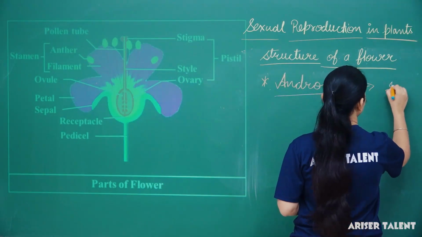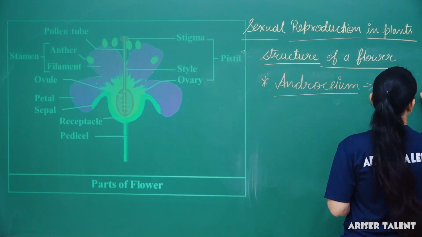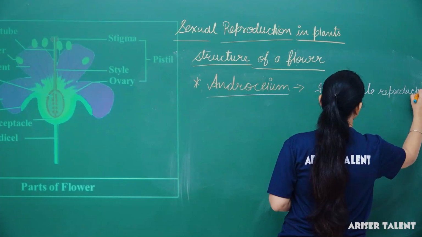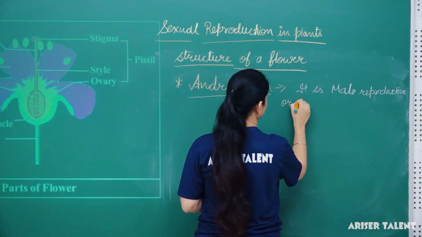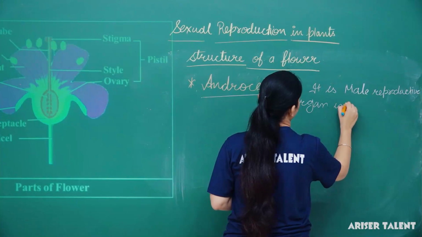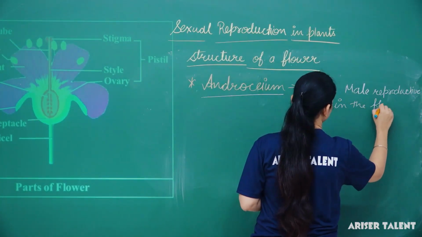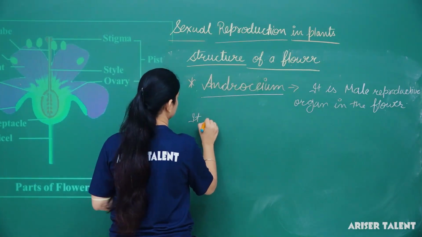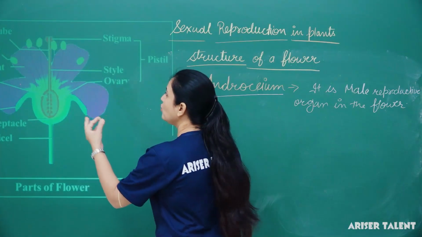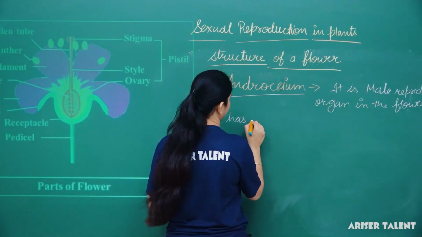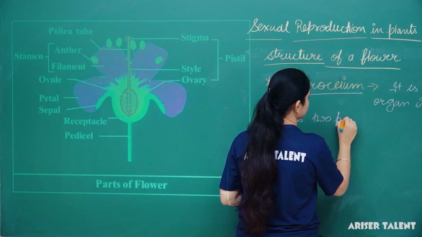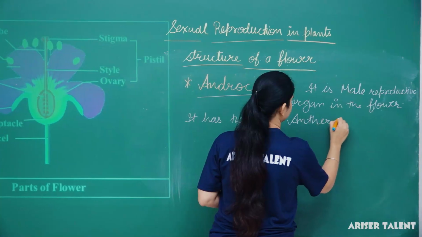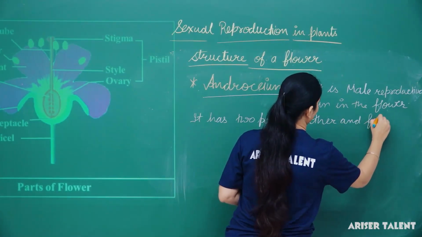It has generally two parts, anther and filament.